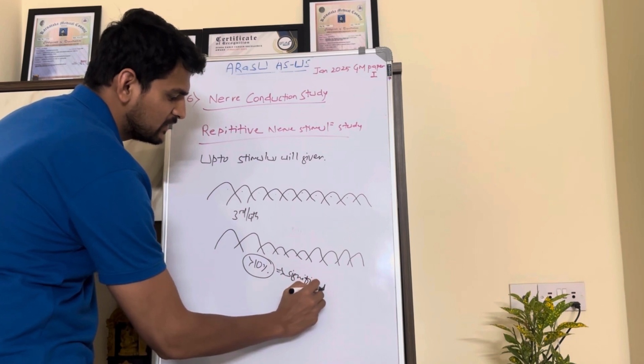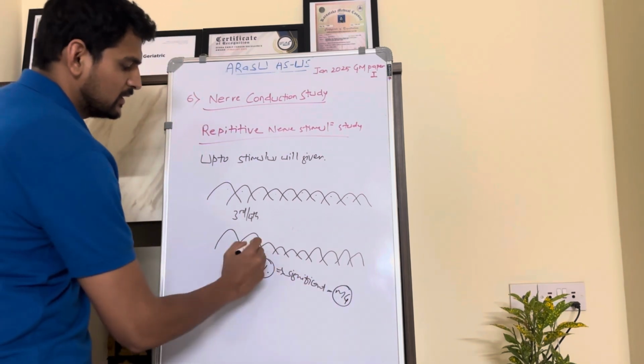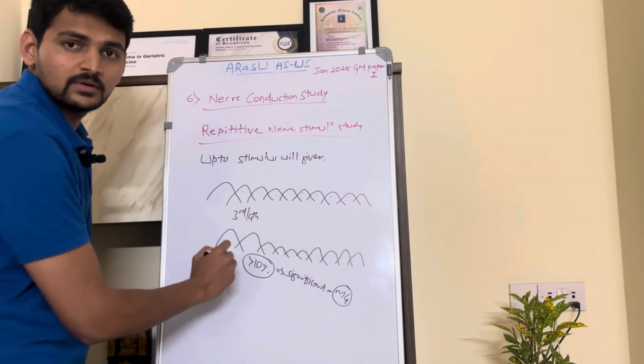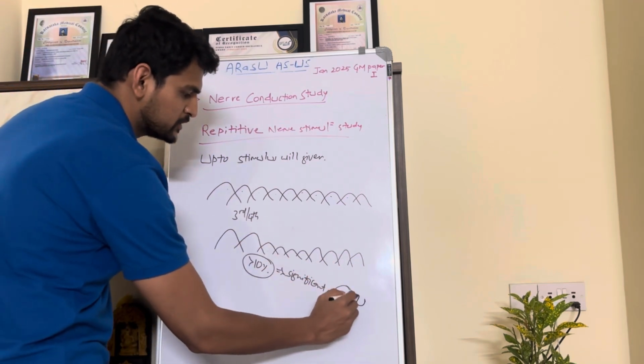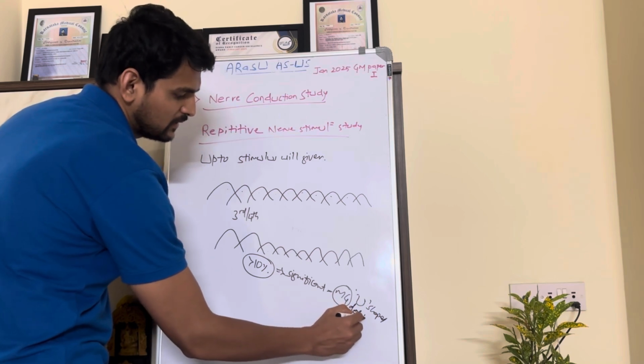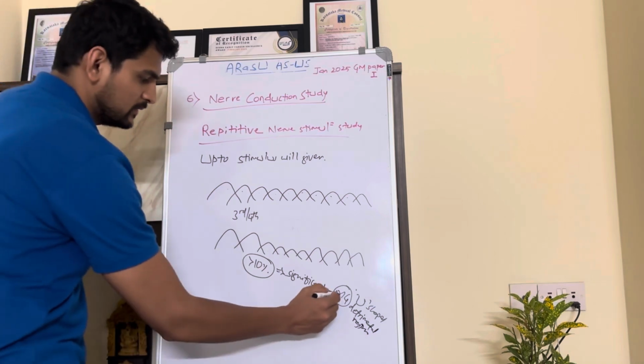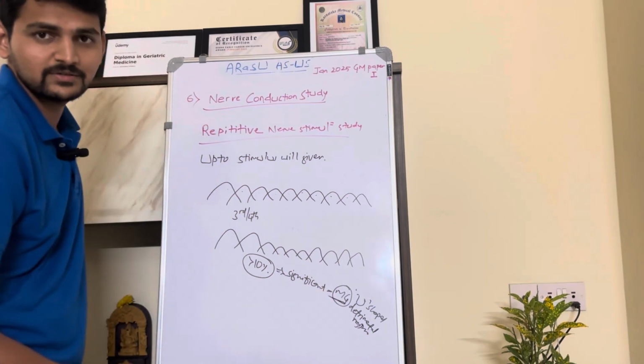Why is it significant? It is suggestive of myasthenia gravis, and usually the overall response graph is called a U-shaped decremental response, a typical feature of nerve conduction study in myasthenia gravis patients.